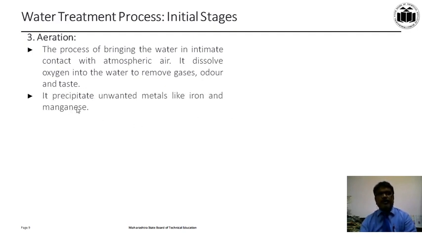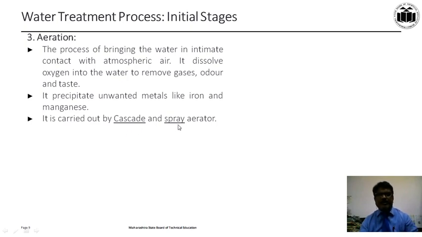Now, metals like iron and manganese can be removed by the oxidation of these metals. The aeration should be done by either a cascade aerator or a spray aerator.